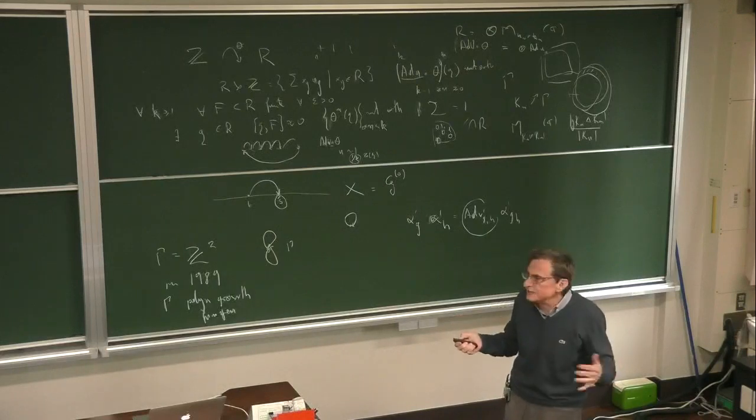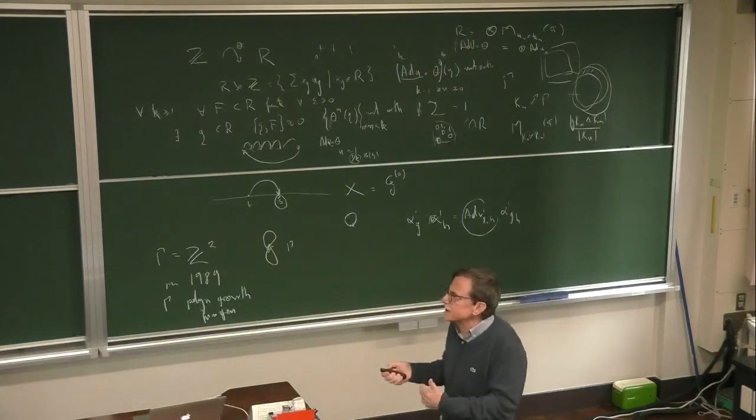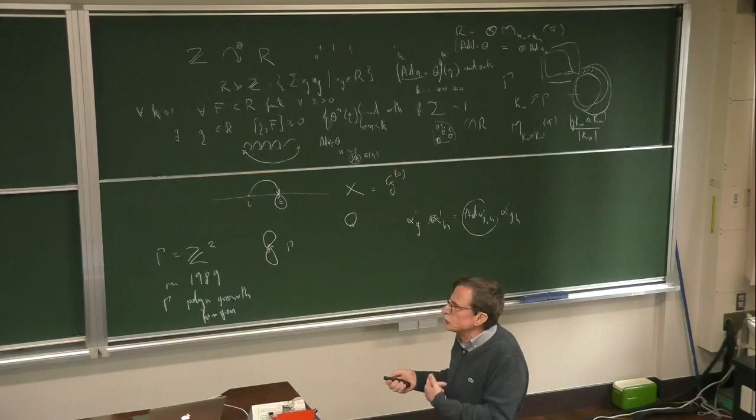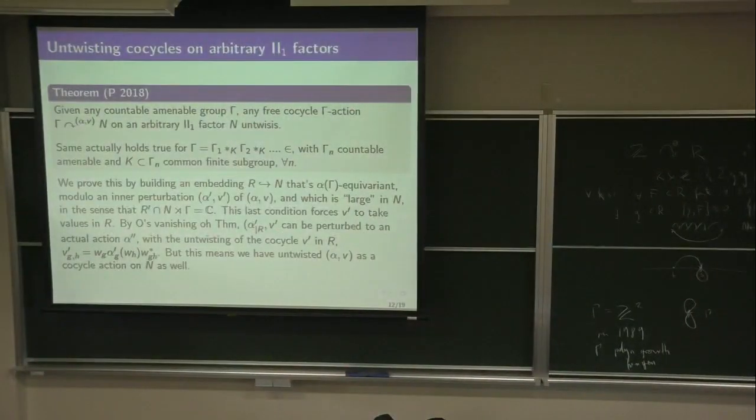In particular, this will imply that your new cocycle v prime sits in R. So when you have untwisted in R by Ocneanu, you've untwisted it all. Okay? So that's the idea.